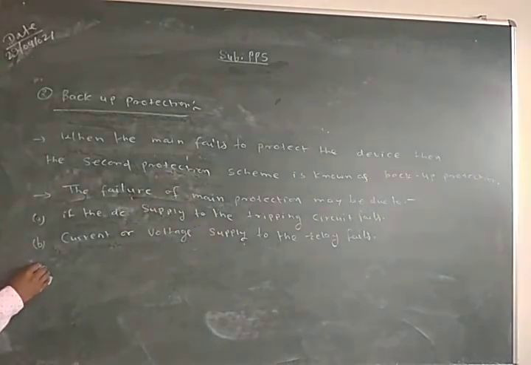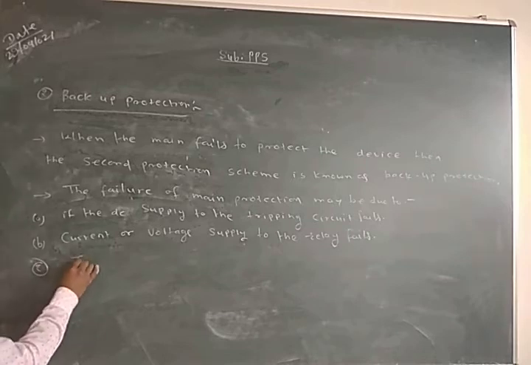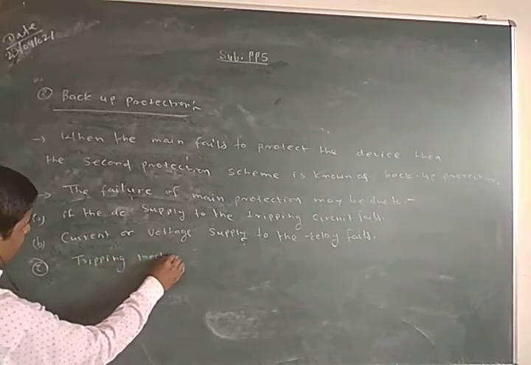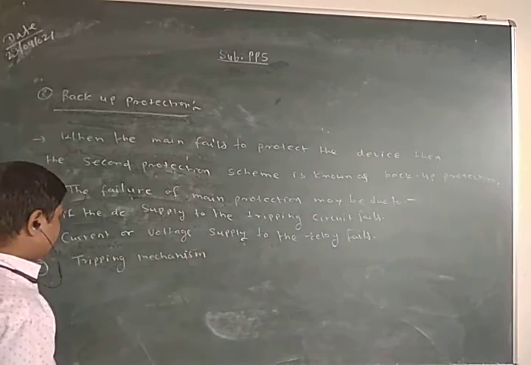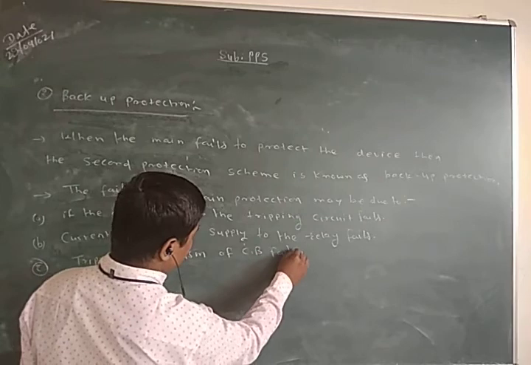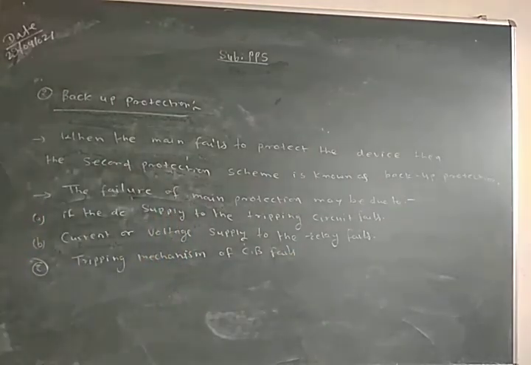Third reason is tripping mechanism of circuit breaker fails. Tripping mechanism of circuit breaker means the mechanical component of the circuit breaker fails due to any reason. So it is known as tripping mechanism of circuit breaker fails.